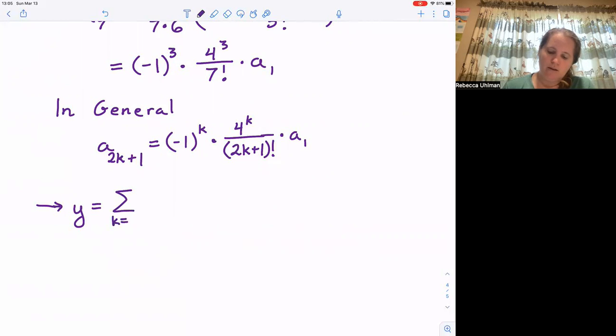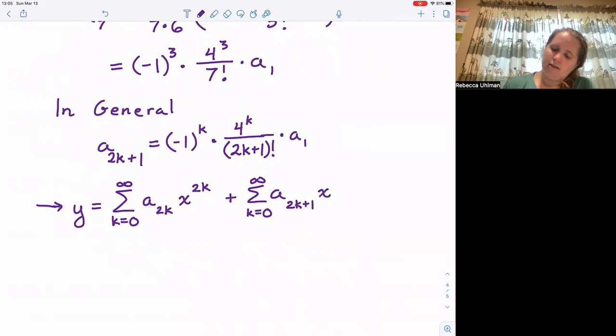So we'll go from k equals 0 to infinity of a sub 2k times x to the 2k. Those are our even terms. Plus the sum from k equals 0 to infinity of a sub 2k plus 1 times x to the 2k plus 1.